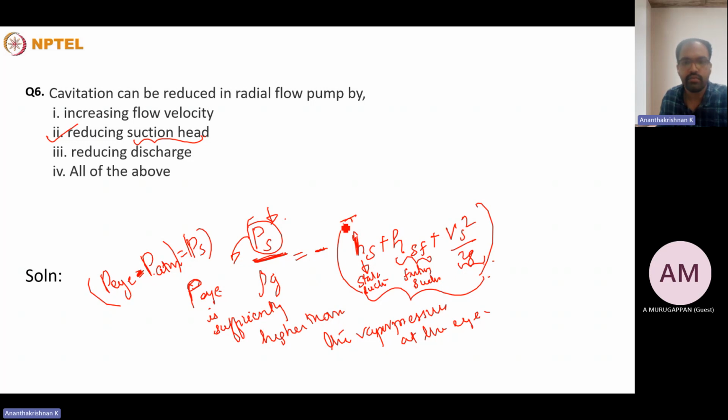So if we can reduce the magnitude of this quantity, the cavitation can be avoided as the pressure will be sufficiently higher than the vapor pressure of the liquid.